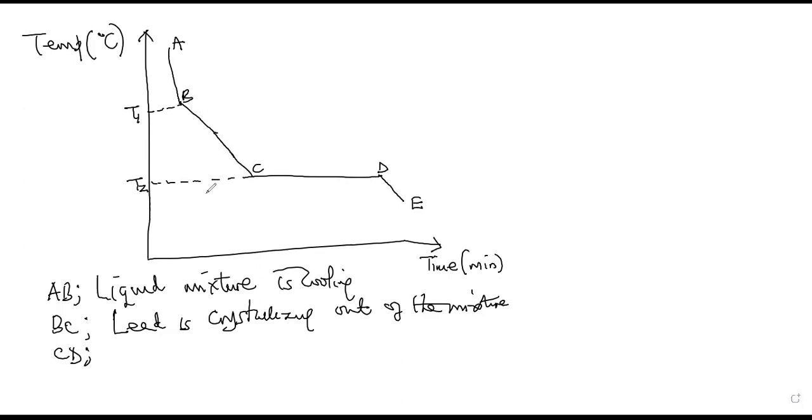But along CD, that is at temperature T2, both lead and tin solidify or crystallize out together.